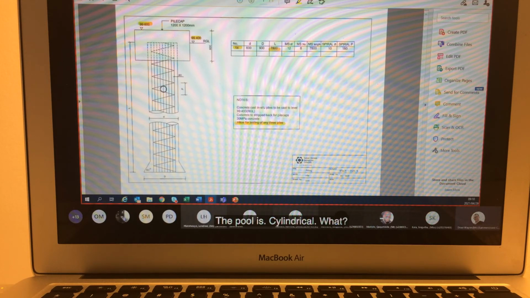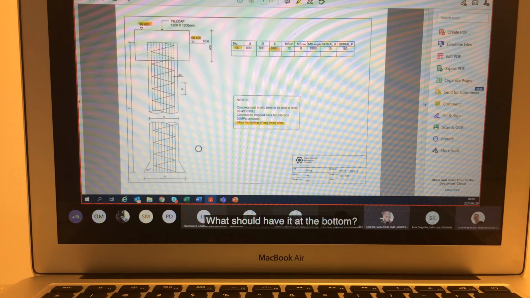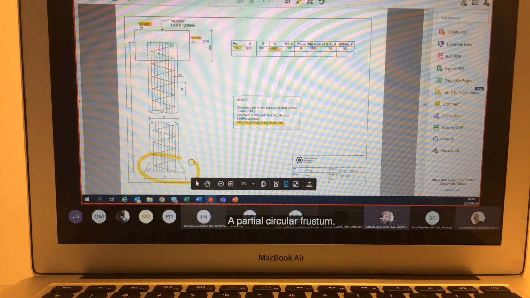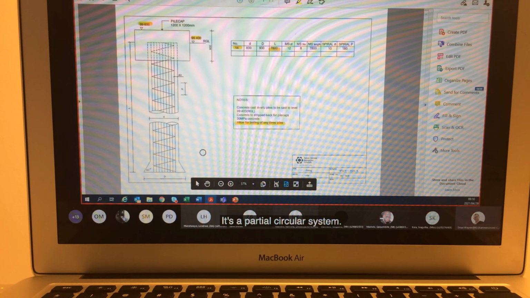The pile is cylindrical, right? And what shape do I have at the bottom here? Frustum. What shape do I have at the bottom? Frustum. I was saying a circular frustum, sir. A partial circular frustum. Yeah, it's a partial circular frustum.